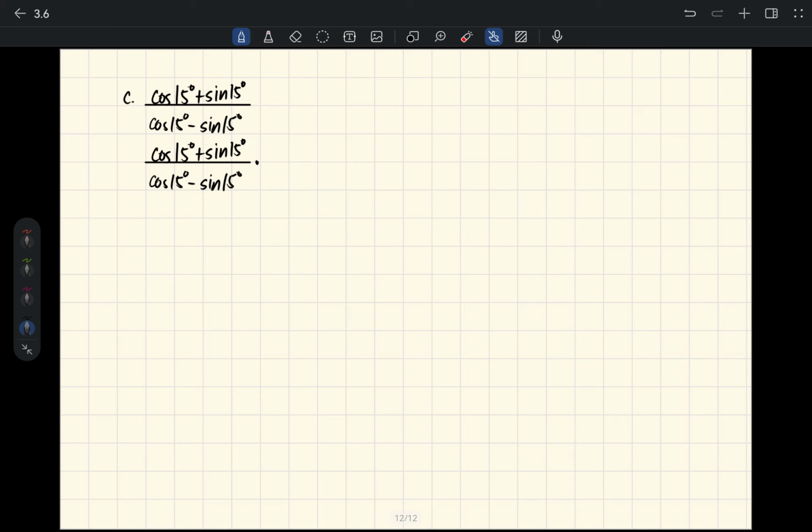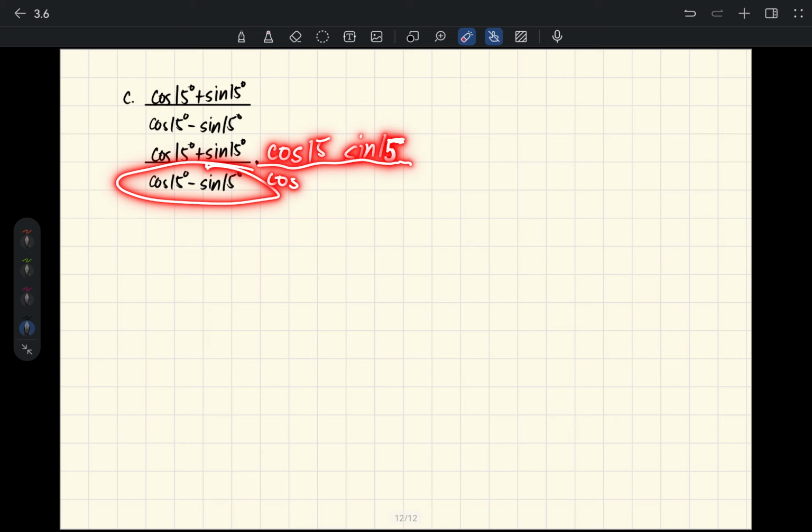So as a trick, if you can recall, if you see the minus right here, you can multiply something in the numerator and something in the denominator.